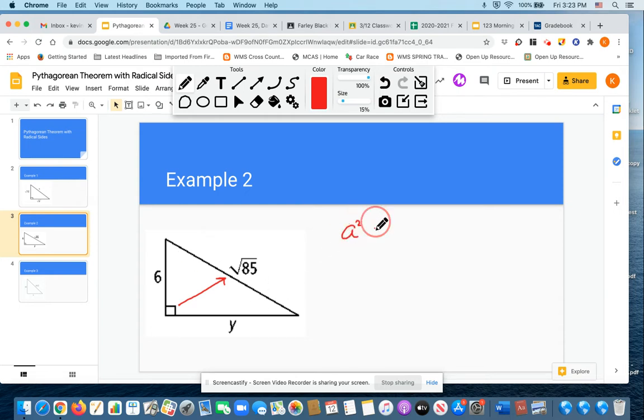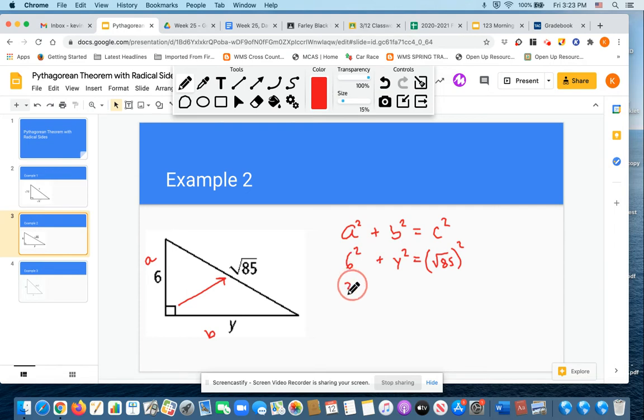So when I fill in a squared plus b squared is equal to c squared, the Pythagorean theorem, I'm going to plug these in. Again, I will call this one my a and this side my b. So it's 6 squared plus y squared is equal to the square root of 85 squared. Let's clean it up.